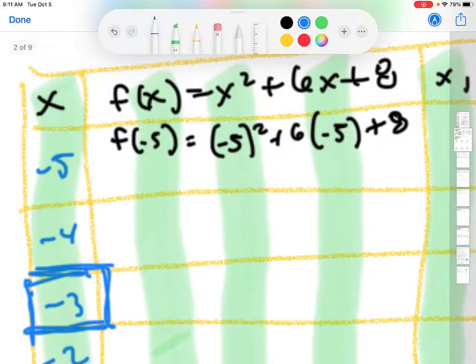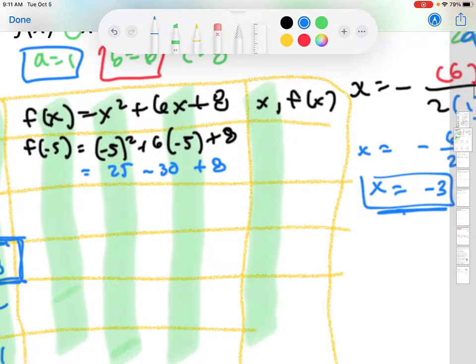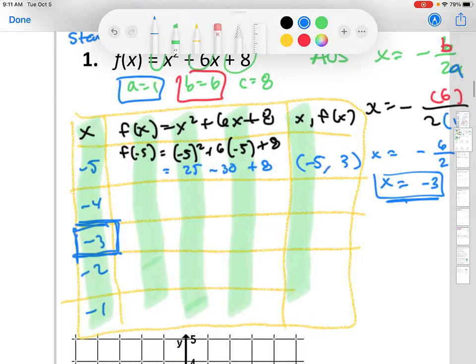For f of negative 5, you just need to simplify over here. So this will be negative 5 times negative 5 is 25. Positive 6 times negative 5 is negative 30 plus 8. So 25 minus 30 is negative 5. Negative 5 plus 8 will give me a 3. And so I will get the coordinate negative 5 comma 3.